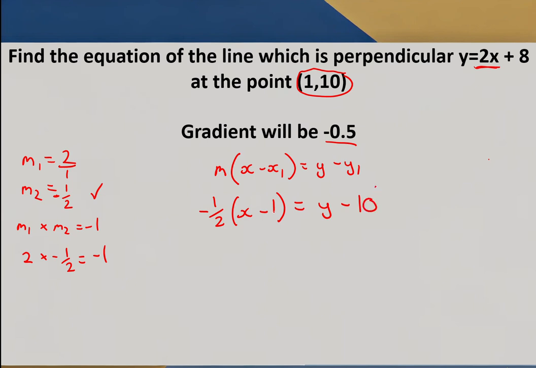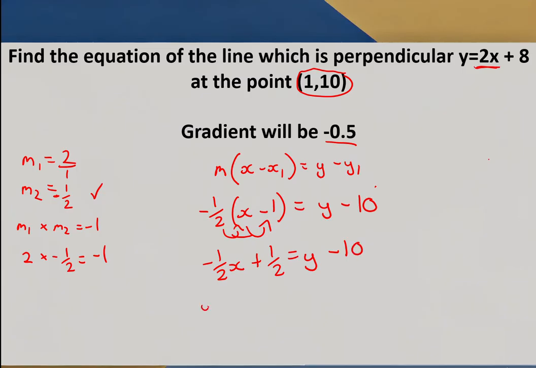I will then expand my brackets. So -1/2 times x is -1/2 x. -1/2 times negative 1 is positive, 1 times a half is a half. So it'll be +1/2 is equal to y take away 10.